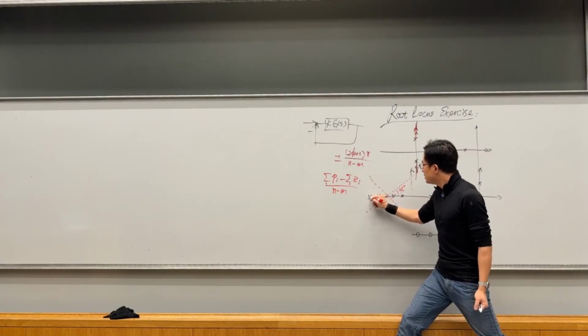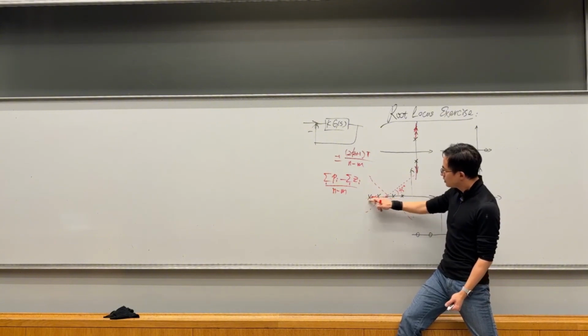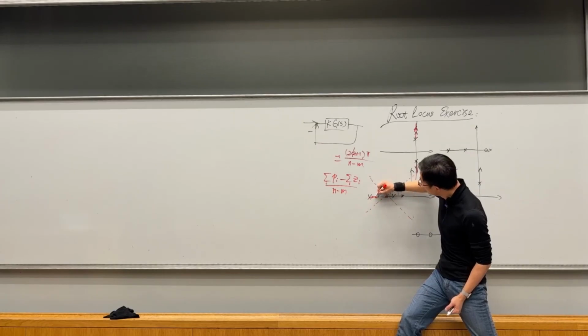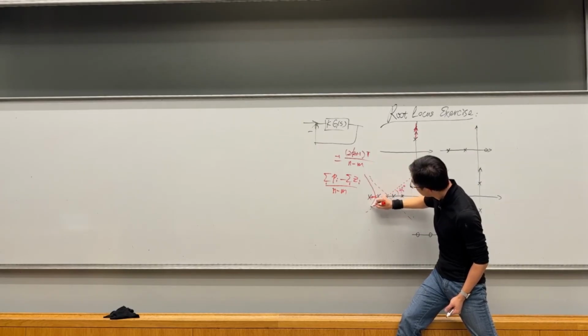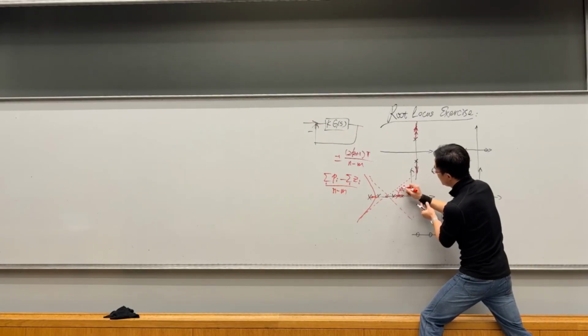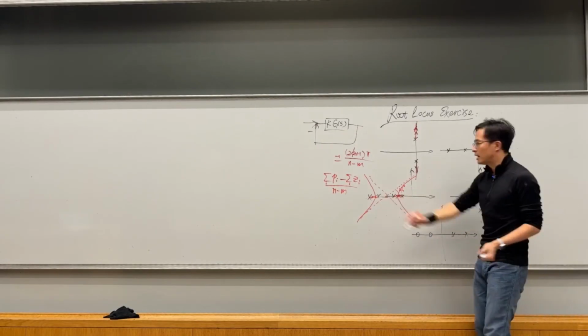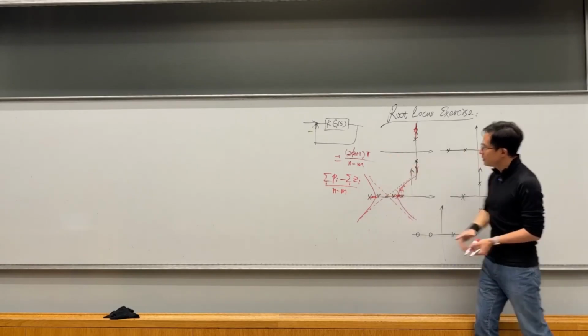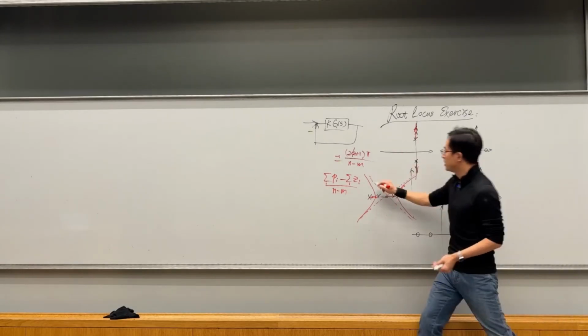And then for these, it starts again. I'll draw these two branches first. They start again at these two poles, and then go to the asymptote angles gradually. For this one, it's going to be similar to the other side. In this way, it maintains the symmetry, and then it has all the 4 branches.